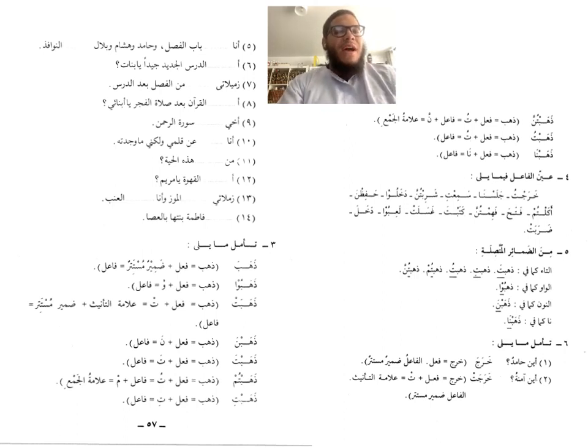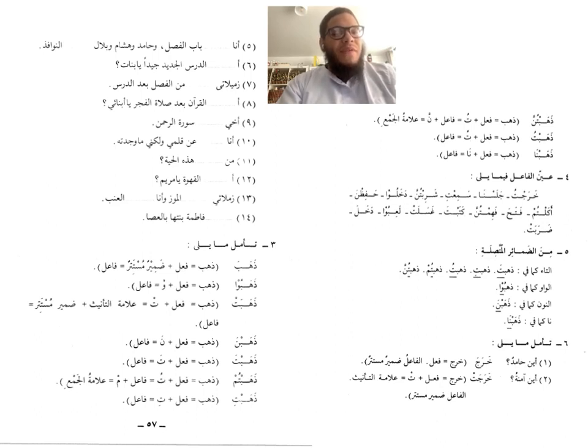Then we have dhahabna, that's the plural women. Dhahaba equals fi'l plus na equals fa'il. So na is the doer, okay? And ta for dhahabta. And tum, dhahabtum, ta plus meme. Meme here is alamatul jam'i, a sign of plural. But the ta is the fa'il.